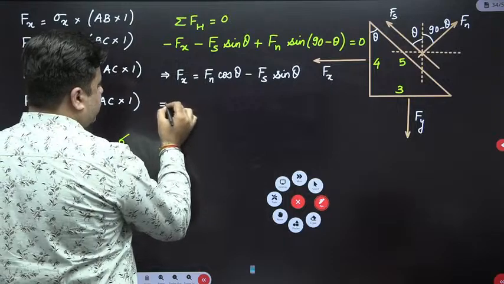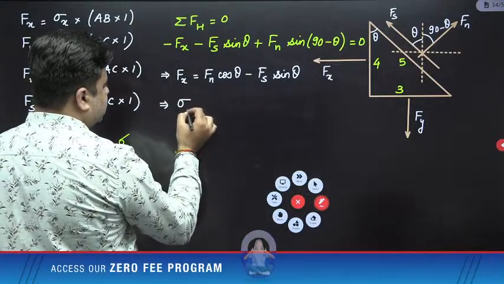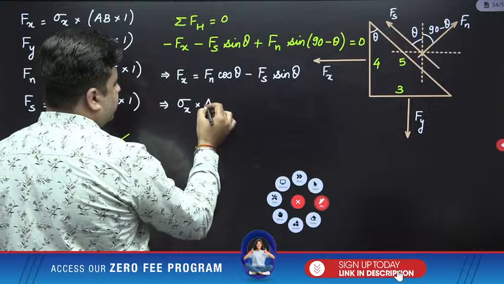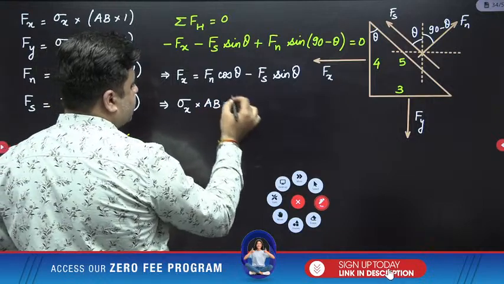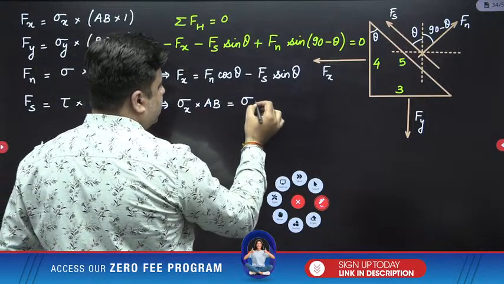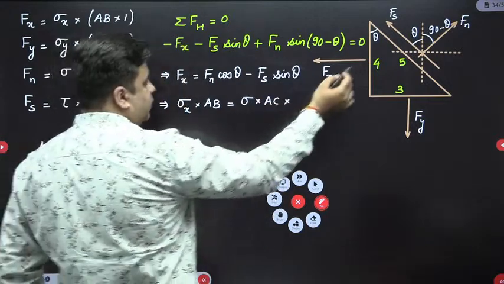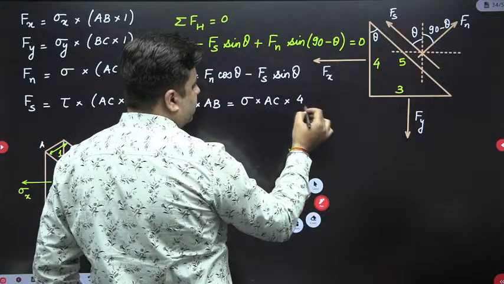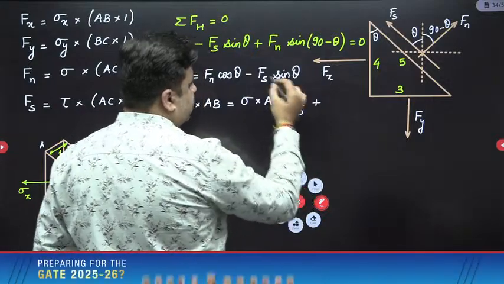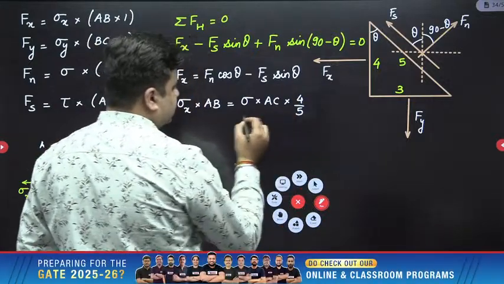Okay, sir. So I can write down Fx is equal to sigma x into AB. Fn is equal to sigma into AC into cos theta, and cos theta is equal to 4 by 5, minus Fs.